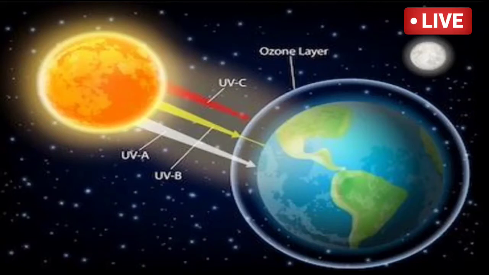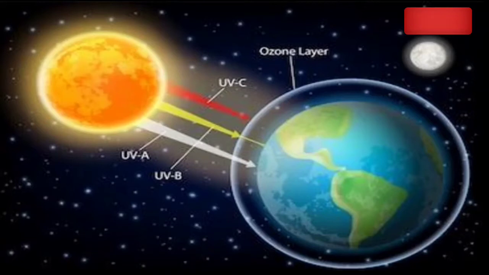So the round shape of the earth is the main reason. The earth receives sun rays in different conditions, that is why the same temperatures are not formed on the earth.